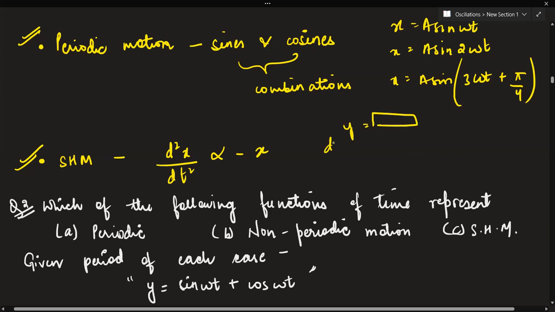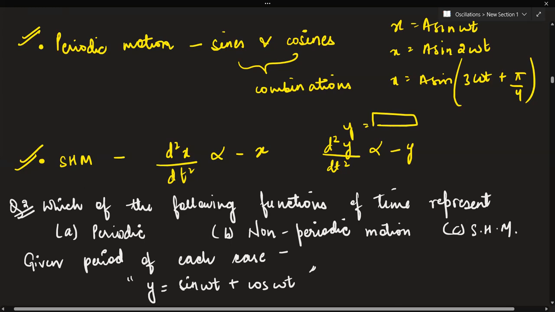You will differentiate it with respect to time, or whatever the variable is, then differentiate it again. If it comes out negative and directly proportional, there might be another constant as well, but we neglect the constant and just look at the proportionality. This will get clearer when we do the questions below. If you see this, then we say the respective equation is in SHM.